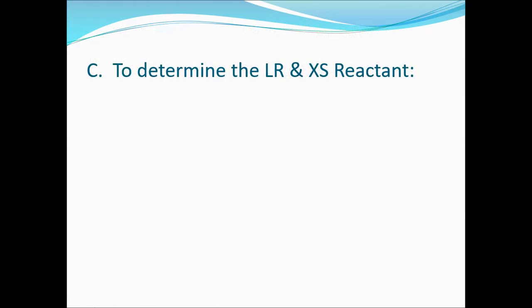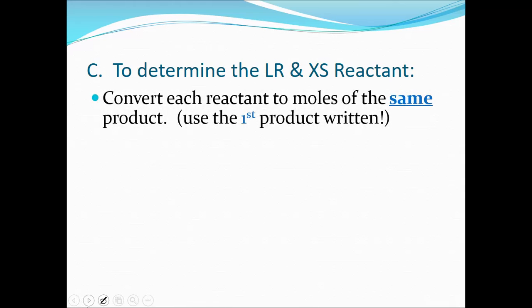So let me talk you through that. We're going to write down exactly how to figure out the limiting reactant. In order to determine which reactant in a real chemical reaction is your limiting reactant and which is your excess reactant, you're going to convert each reactant to moles of the same product. Think about what we just did.